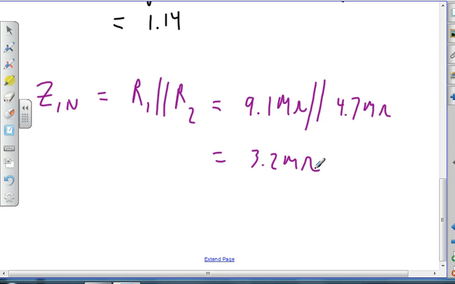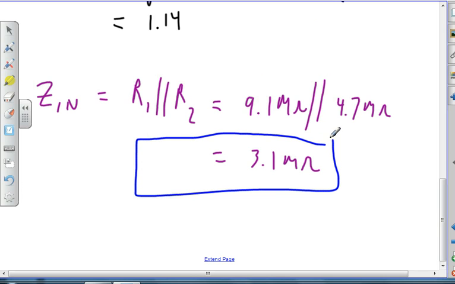Okay, I should put it in my calculator too. 1 divided by, open parentheses, 1 divided by 9.1 plus 1 divided by 4.7. And my answer is 3.1. Oh, bummer. Missed it again. 3.1 meg ohms. Okay, so that's our second answer.